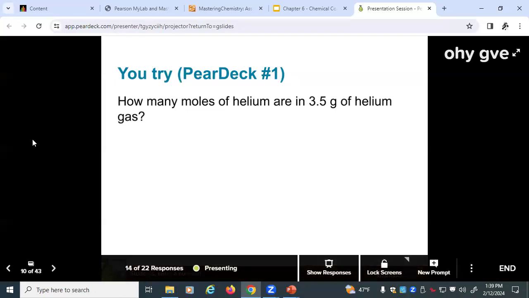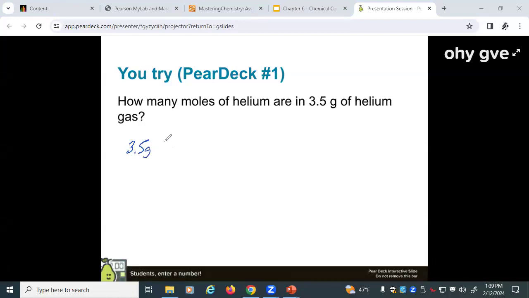And so from that standpoint, we need to take this 3.5 grams of helium and convert the helium into moles using the molar mass. Molar mass of helium, 4.00. So 3.5 divided by 4.00. My calculator says 0.875.